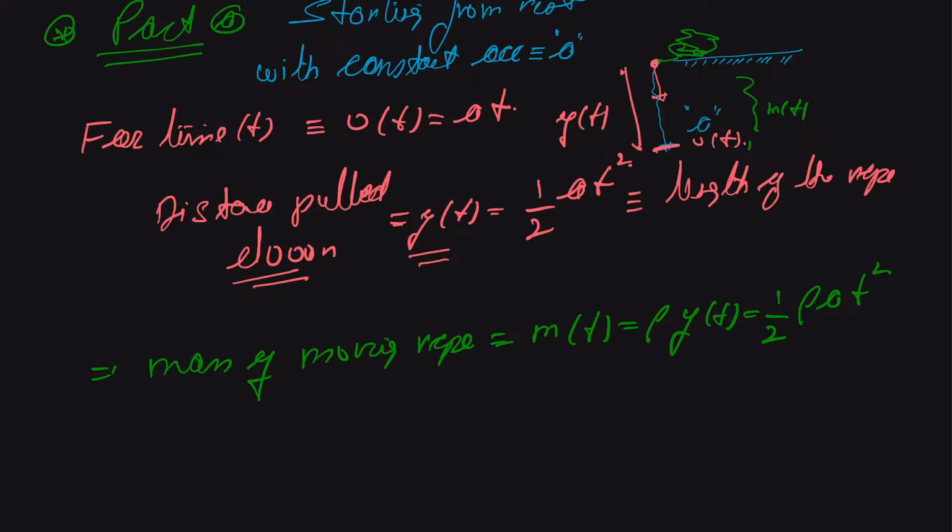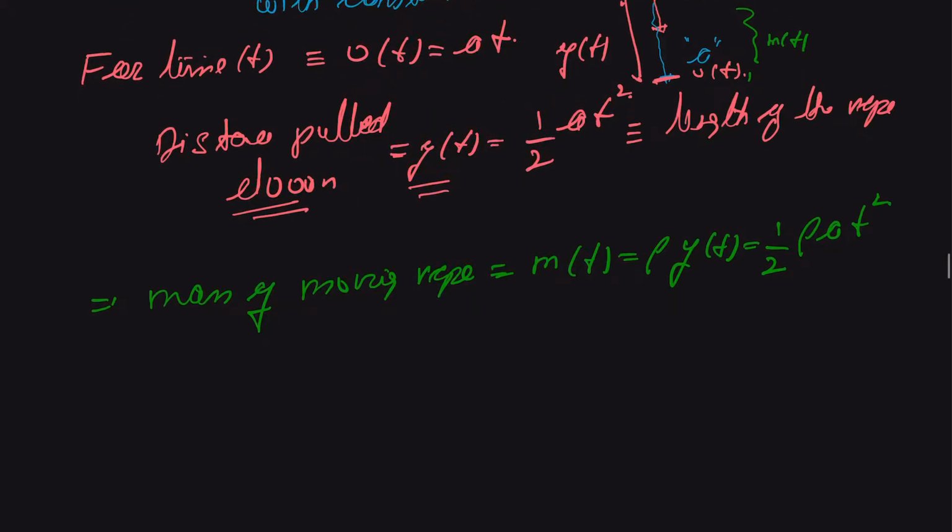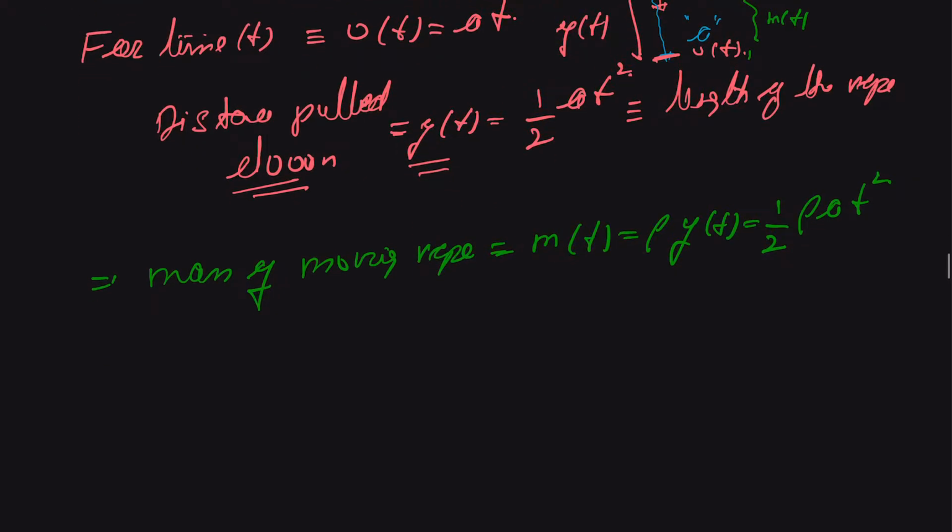Now, because as the rope is going to unravel itself, its length is going to increase. Obviously, its mass is also going to increase, or we can say it is a variable mass system.